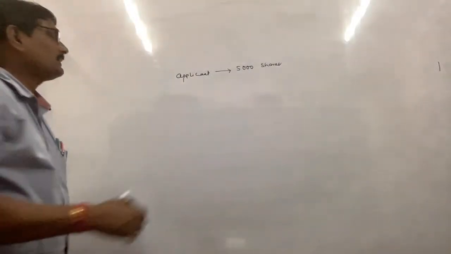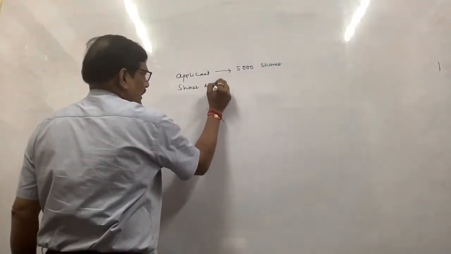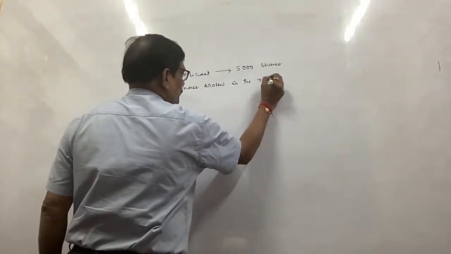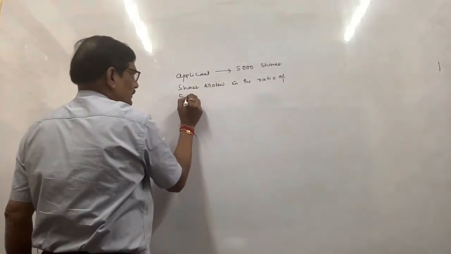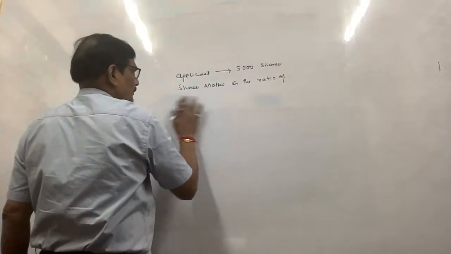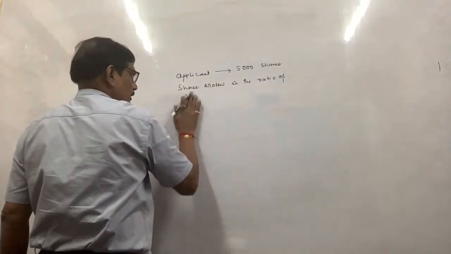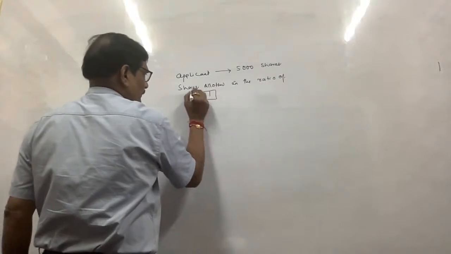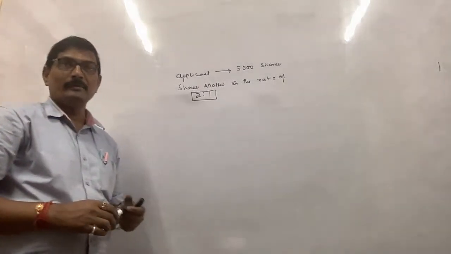The question says that shares were allotted in the ratio of 2:1.